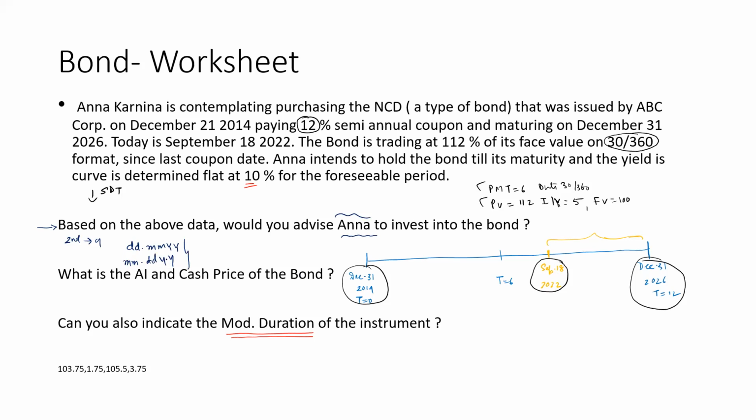So for example, I have right now in my calculator the US format, I will write 09.1822. If you have a European format in your calculator, you will write 18.0922 and press enter. Can you do that? The meaning of SDT is settlement date. Settlement date means the day that you purchase the bond or you decide to purchase the bond.